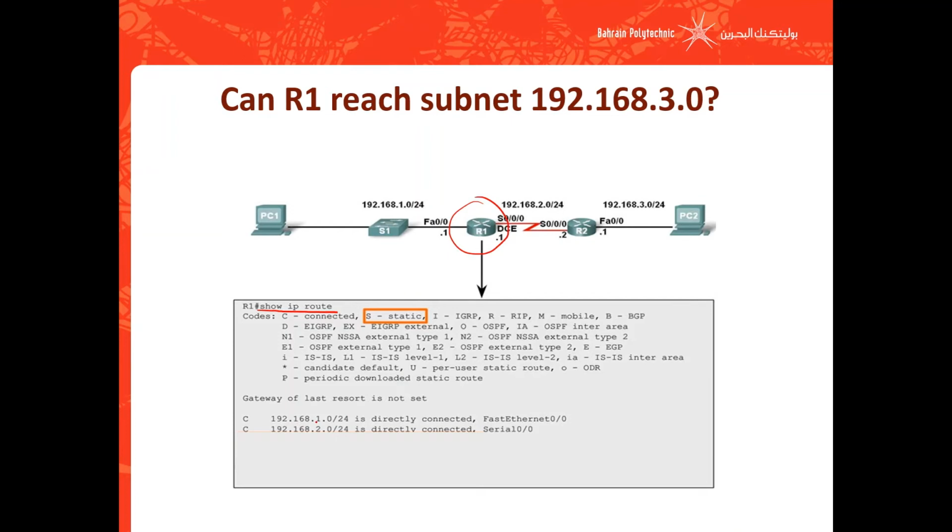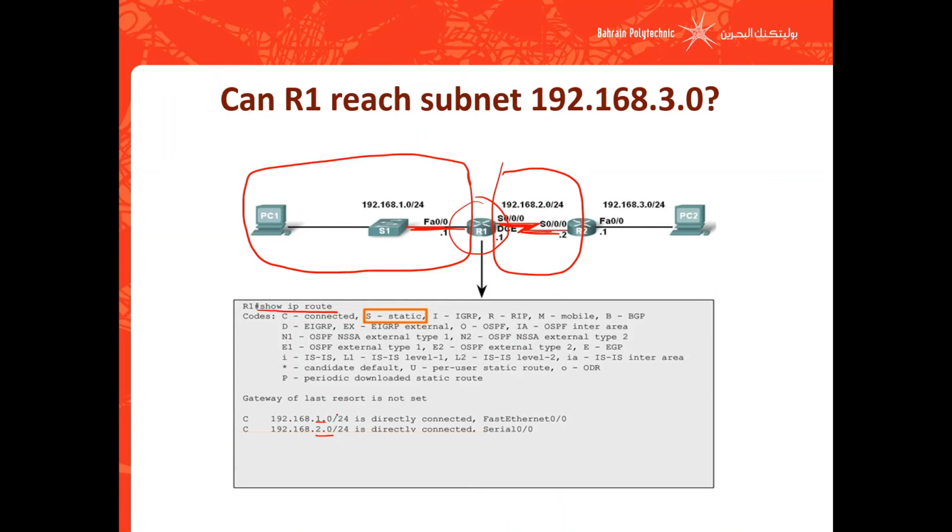In this case, it's connected to 1.0, which is this network here. And then the second one is 2.0, which is basically this network here. Why does it know about this? Because it's connected through these cablings. That's why it knows that it is connected to this network address and this network address.